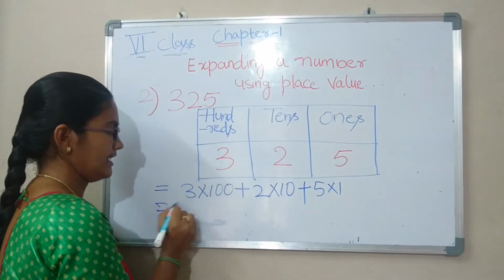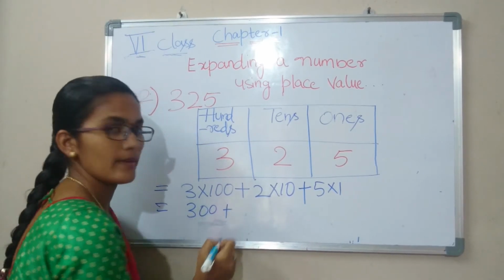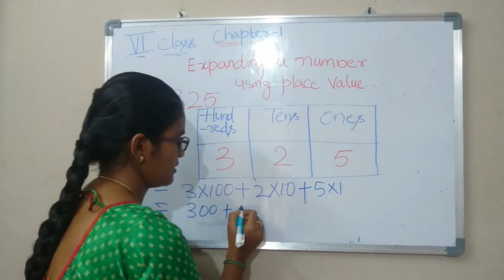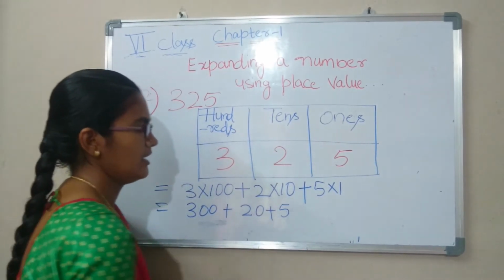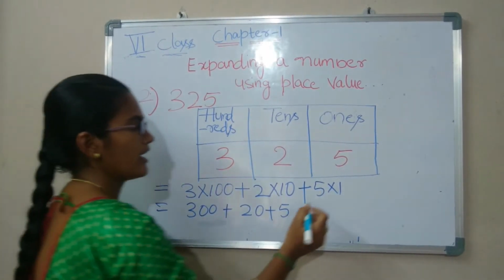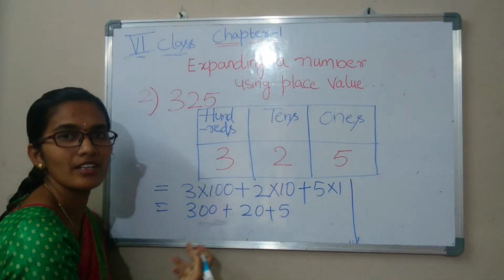3 into 100 is 300, plus 2 into 10 is 20, plus 5 ones are 5. What is the sign between them? Plus.